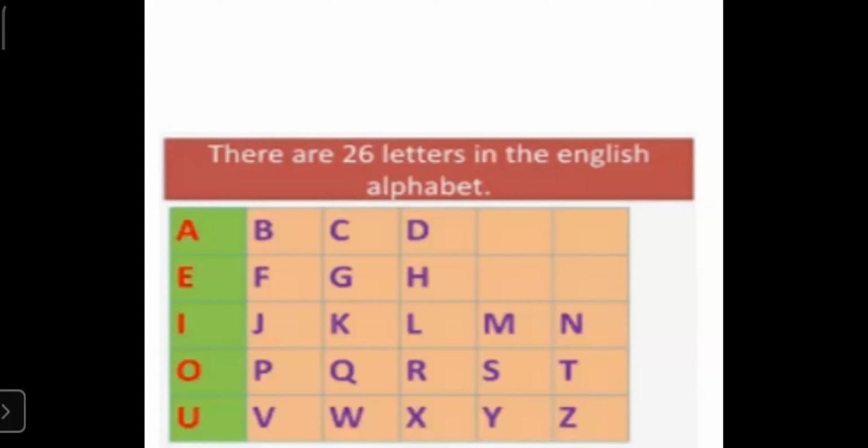And the remaining letters like B, C, D, F, G, H, J, K, L, M, N, P, Q, R, S, T, V, W, X, Y, and Z are called consonants.